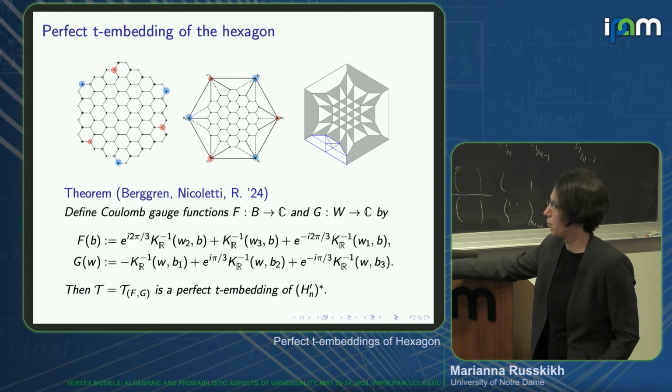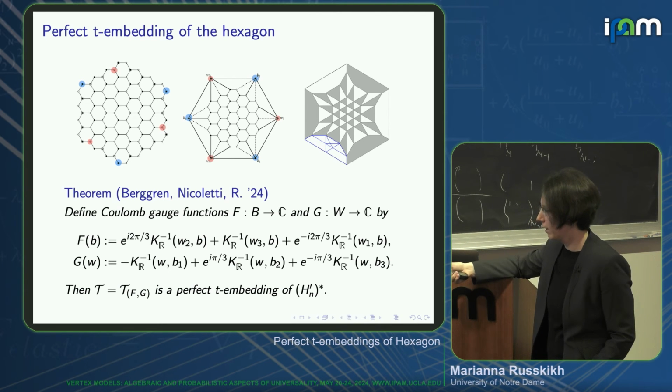We claim that if you define the gauge function on the black vertices in the following way, so what is written here, we take the inverse Kasteleyn matrix of the initial graph, and we take this linear combination where one of the arguments is one of these three boundary vertices. And a similar expression for the gauge function on the white vertices. Then we claim that the corresponding t-realization is a perfect t-embedding.